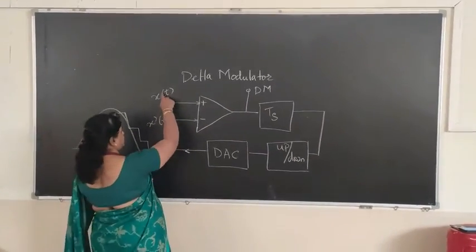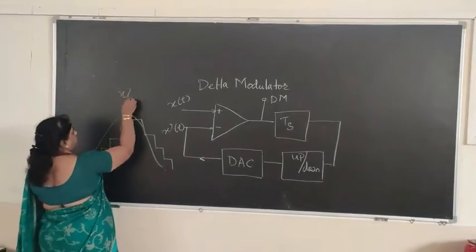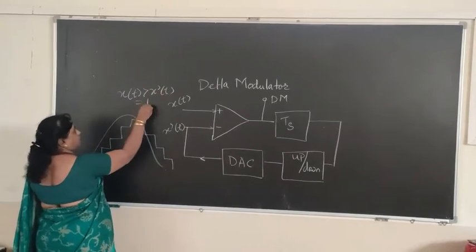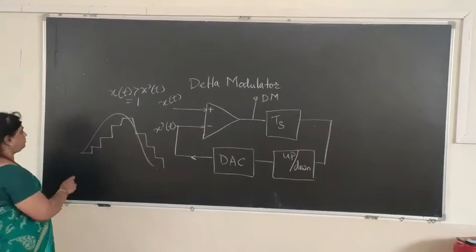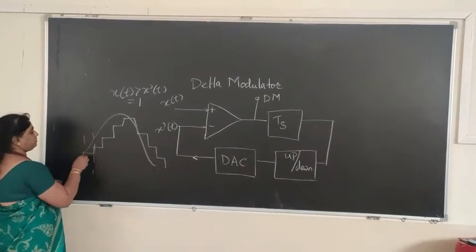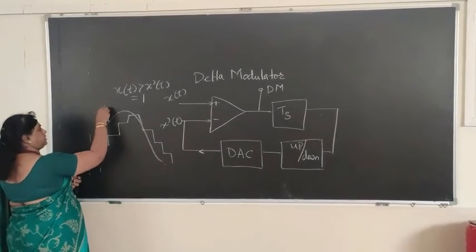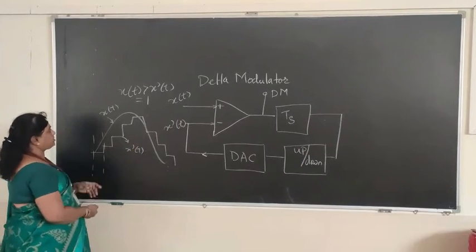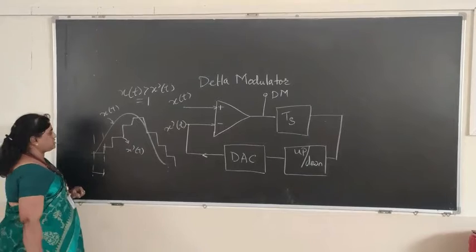So we'll say that there is a comparison between x(t) and x'(t). When x(t) is greater than x'(t), a 1 is generated, otherwise it is a 0. So here you can see for the first sample time, when we compare x(t) and x'(t), this is your x(t) and this is our x'(t). We see that x(t) is greater, and hence in this duration a 1 is generated.